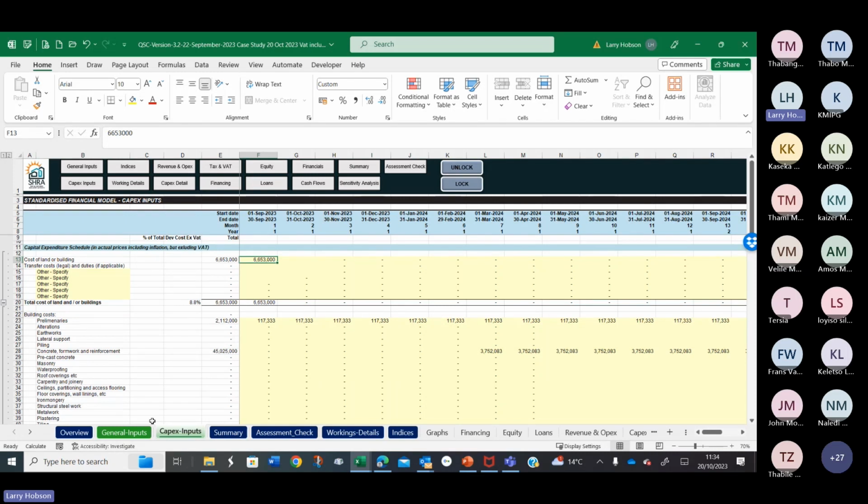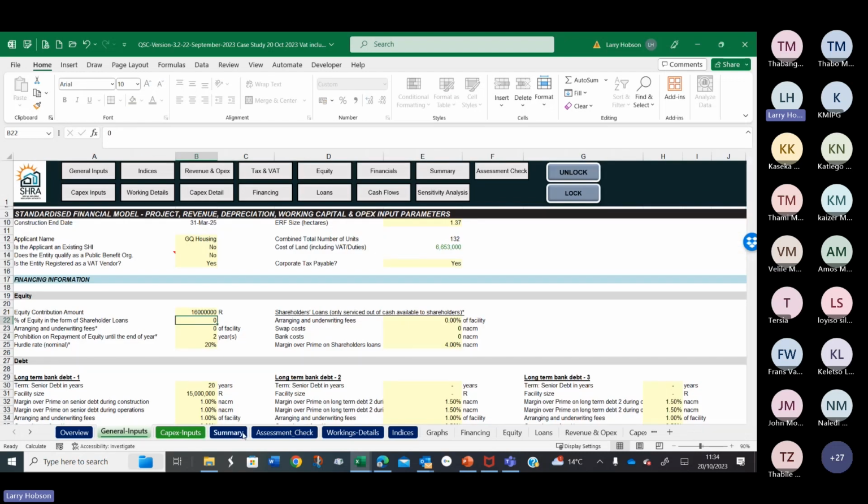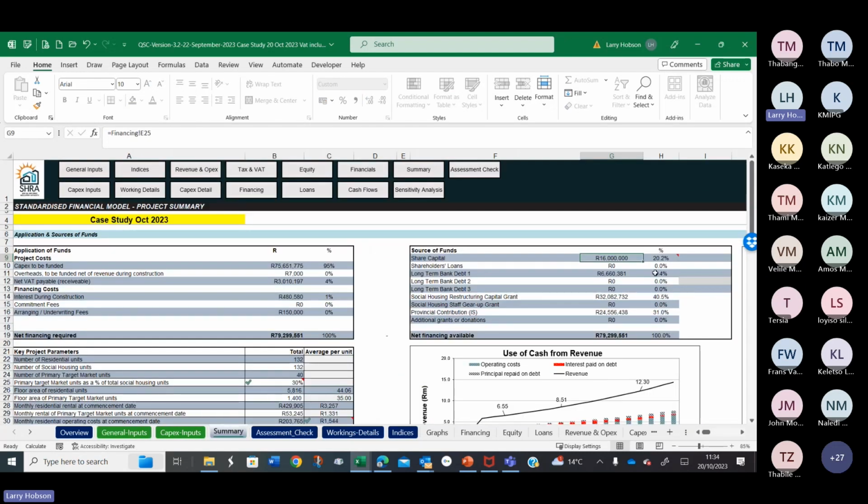So we would have had to bring in extra equity ourselves. The shareholders of the company would have had to produce more equity. So it was that 6 million plus another nearly 10 million to get to 16 million to meet the 20% requirement.